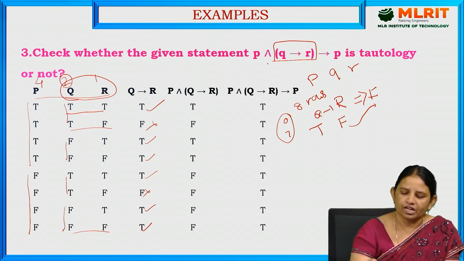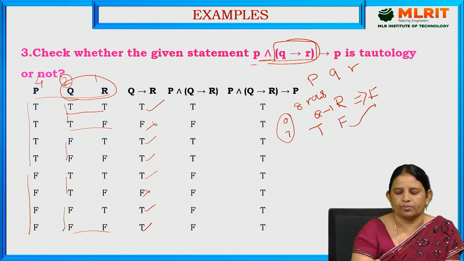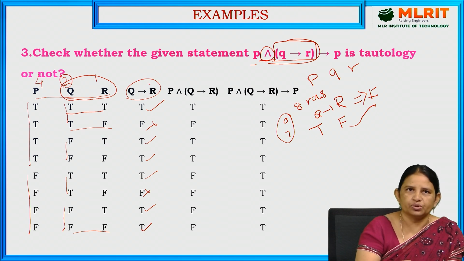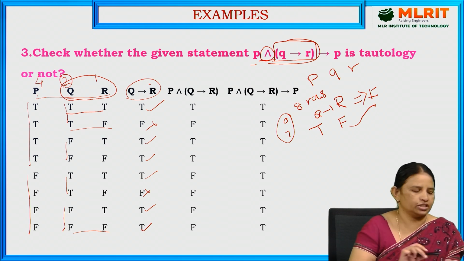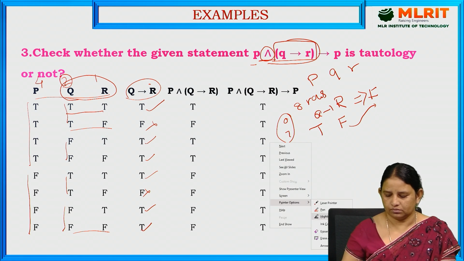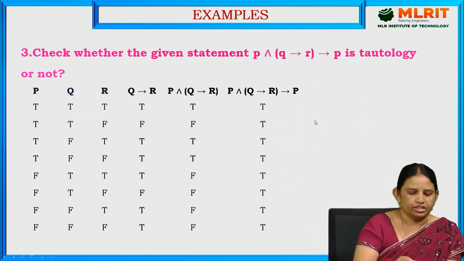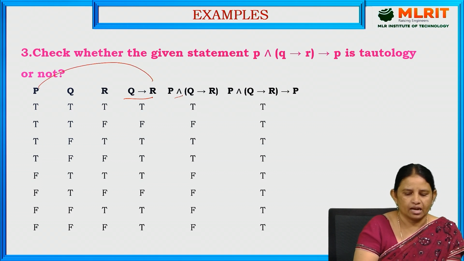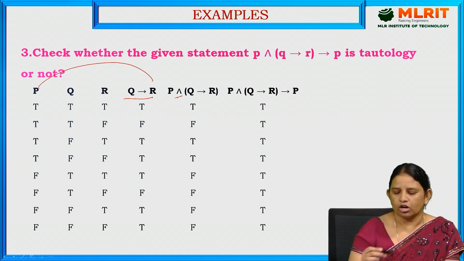After completion, we need to add P: P and (Q implies R). We know what Q implies R is. For this Q implies R, apply P with the AND operator.